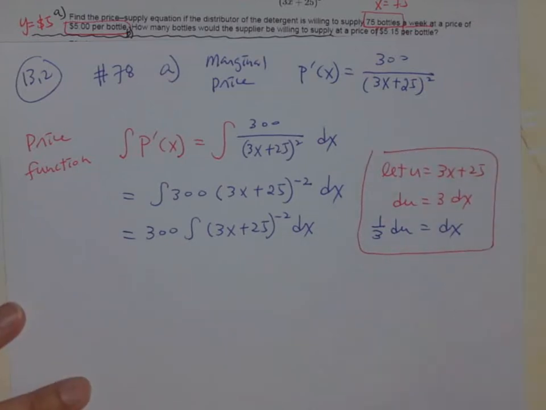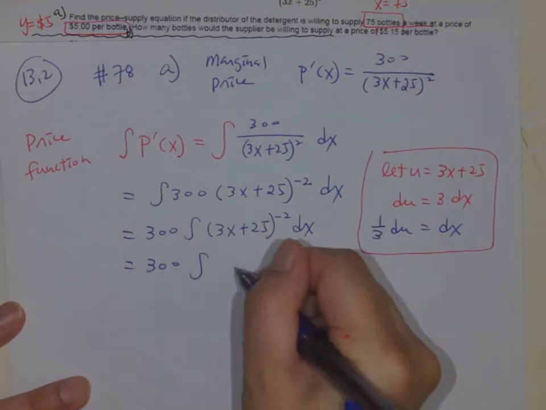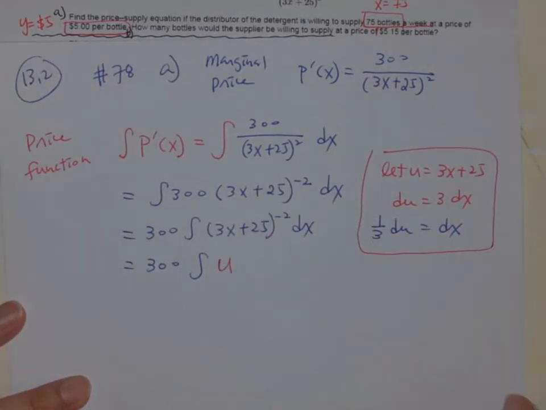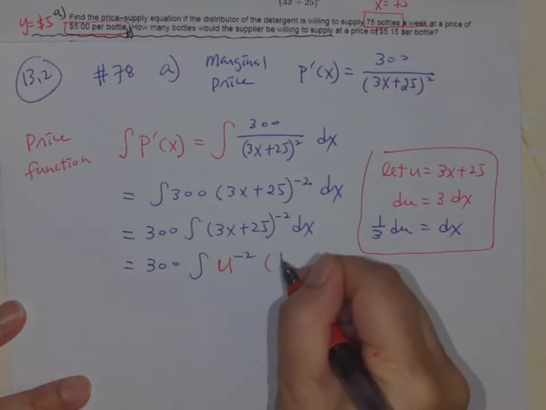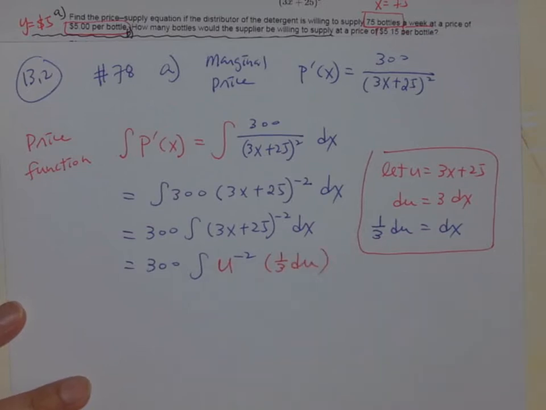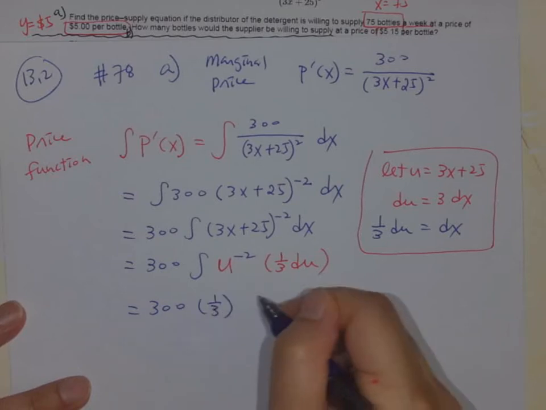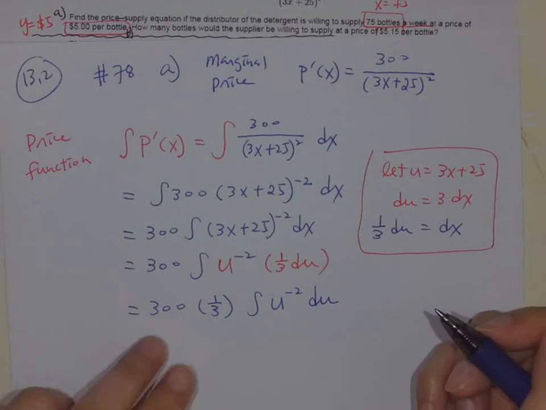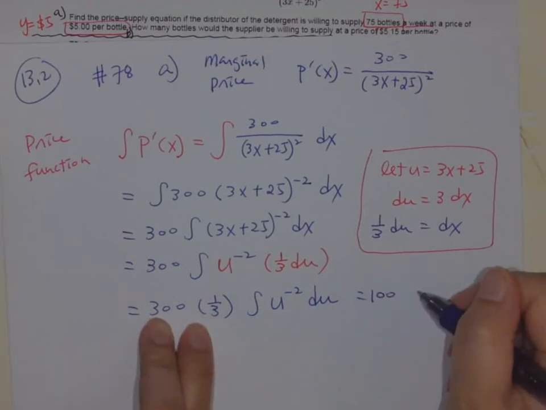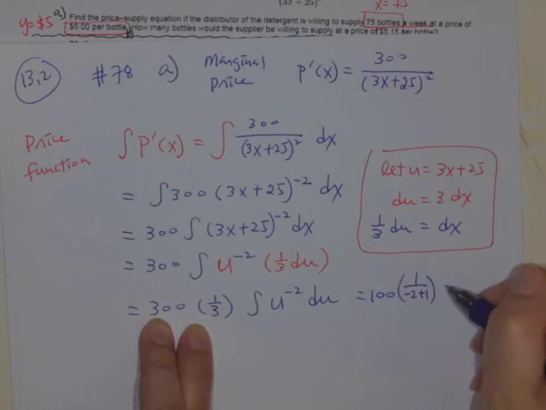And let's see. So I'm going to have 300 taking integral of u raised to negative 2 power. The dx is going to turn into 1/3 du, right? So the 1/3 can go out also. So 300 times 1/3 integral u negative 2 du, right? And then I can take the integral. So this guy becomes 100. And then I have 1 over negative 2 plus 1 times u negative 2 plus 1 plus c, right?